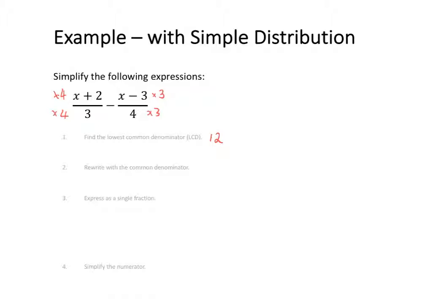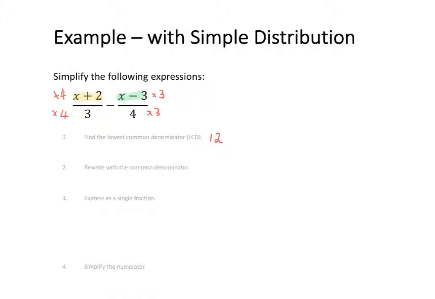So before I can rewrite my expression with a common denominator, I need to work out what my numerators are going to be. In this case, I've got x plus 2, and I'm multiplying it by 4. And I have x minus 3, and I'm multiplying it by 3. So I need to do some distributions before I can complete step 2 and rewrite my expression with a common denominator.